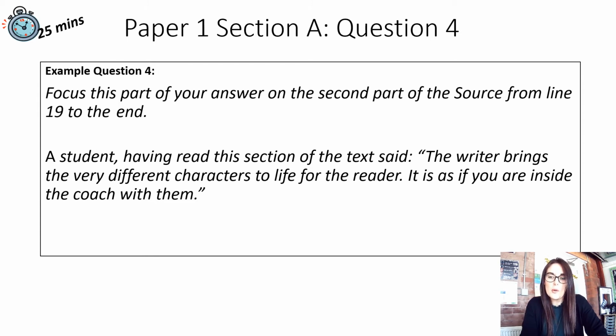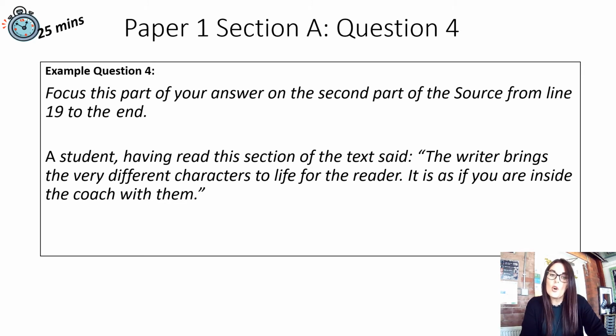You are then supposed to discuss the writer's methods that prove or disprove that statement. You are going to back those up with quotes from the text, and you're going to evaluate the methods that the writers use. Do those methods make the characters come to life? Do you feel like you're in the coach with them?